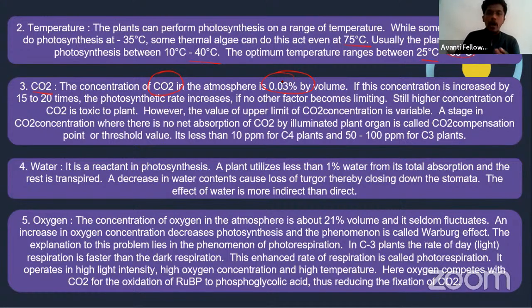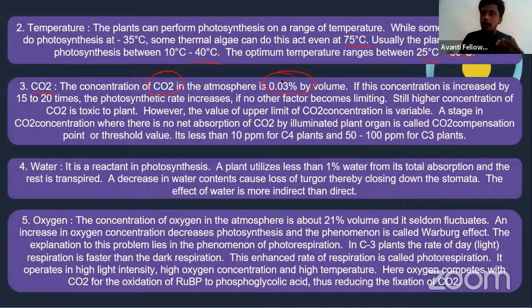Now, when you see how the carbon dioxide is utilized between the two different plants, C3 plants and C4 plants, the C3 plants become vulnerable to the shortage of carbon dioxide, since they depend upon atmospheric carbon dioxide and need a continuous supply from the atmosphere.